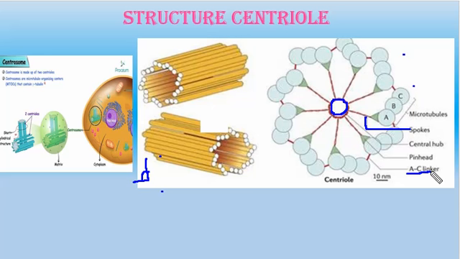What is this A to C linker? You look at this. This is A microtubule and this is C microtubule. In the previous one, this is A microtubule and this is C microtubule. So here the A and C microtubules are held together, interconnected by a linker, hence it is known as AC linker, A to C linker.